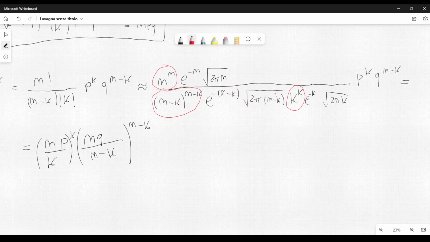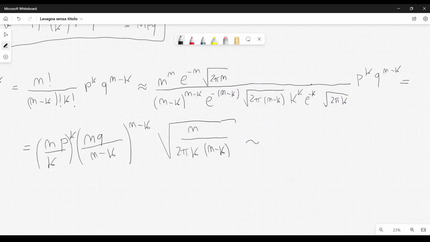You can check that they are exactly the same. Then you can also check that e to the minus n, e to the minus n minus k, and e to the minus k will cancel. It's easy to see. And then I will be left with the square root of n divided by 2 pi k times n minus k here in the denominator.